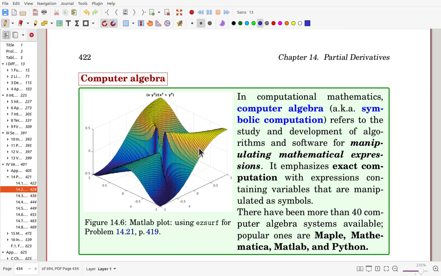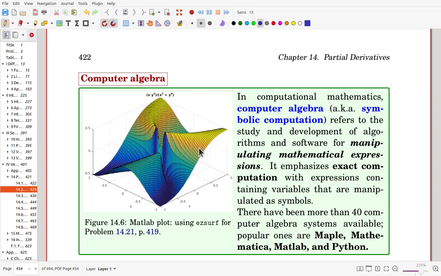The main thing is to get an exact solution. For example, if you are using a numeric algorithm, then the square root of 2 must be cut off, so it's not really the exact value. But with computer algebra software, you can get the square root of 2, which is the exact value.